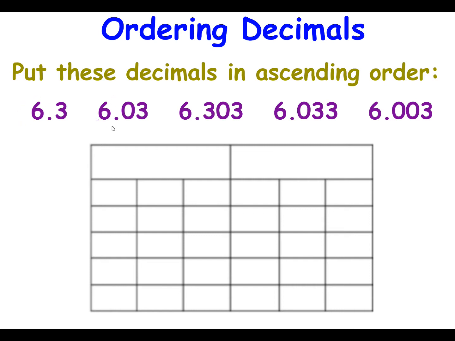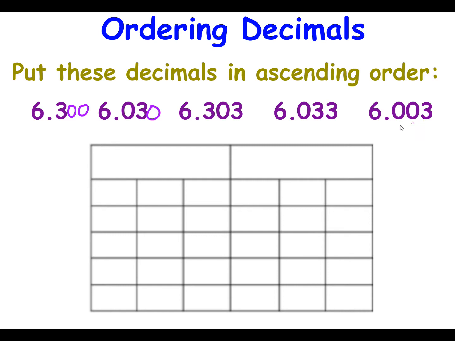Now all of our units are 6s, so we've compared that and there's no difference. So in order to compare our decimals, we need to make these decimal places all the same so that we can compare like with like. Now I can compare 300 with 30, with 303, 33, and just the number 3.